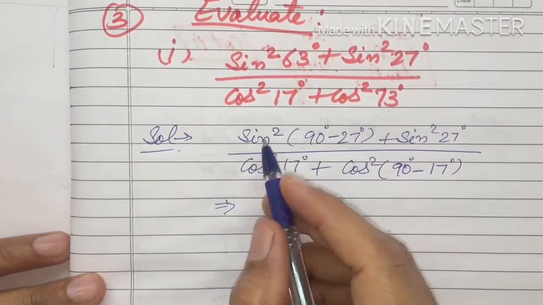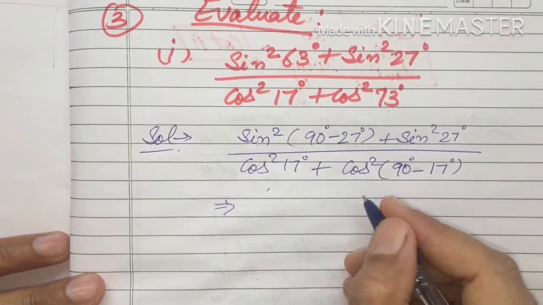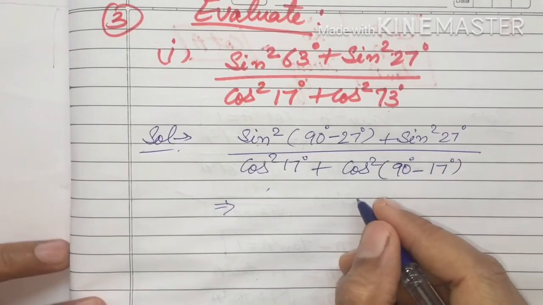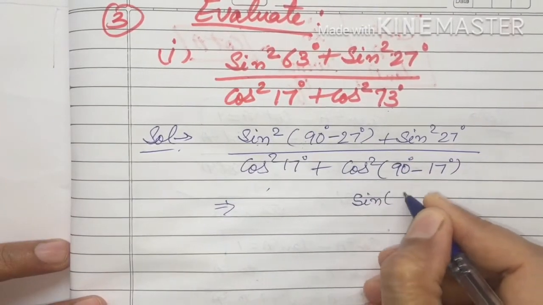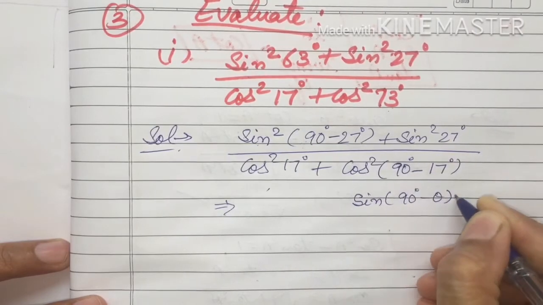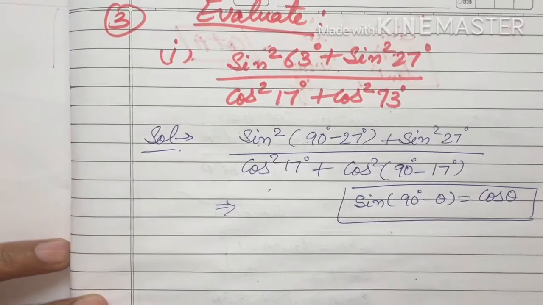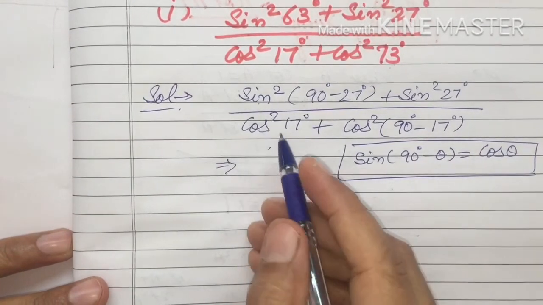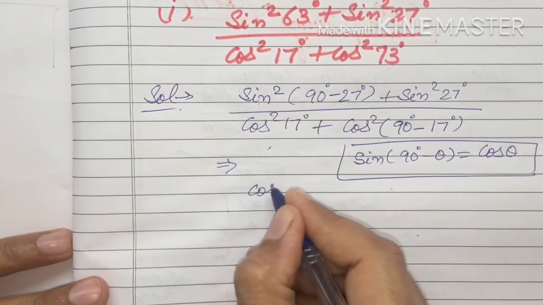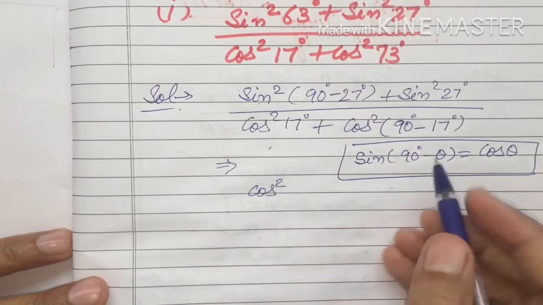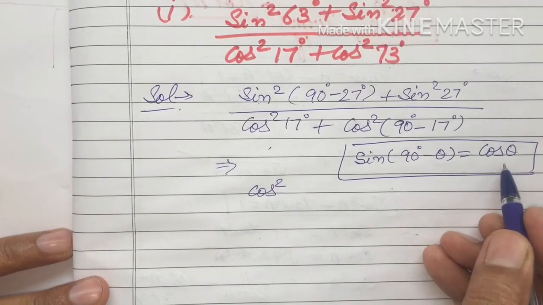So in the next step, as we know our complementary property of angles, sine of 90 degree minus theta is equal to cos theta. This property we know, so we will use it here, sine square will change into cos square. 90 minus theta is equal to cos theta.